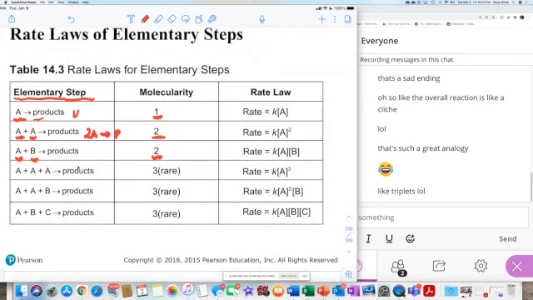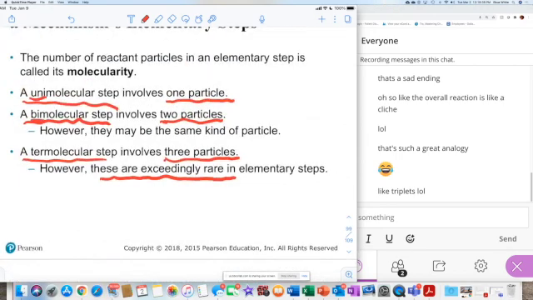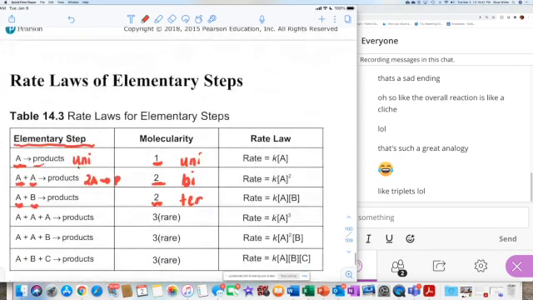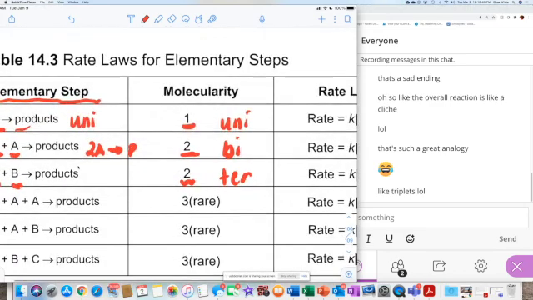The first one is also called unimolecular. And then the second one is called, right here, unimolecular, then bimolecular, then of course termolecular. It was mentioned back here, right? Uni, bi, ter.